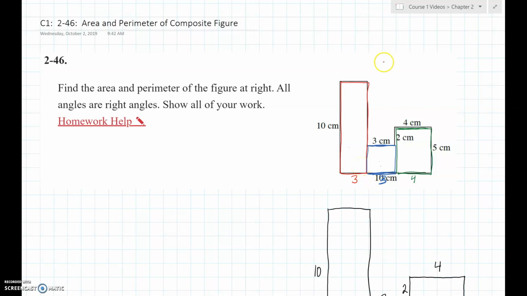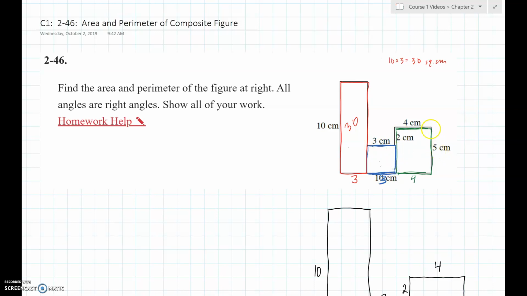So for the area, I know that I've got a 10 by 3, which is 30 square centimeters. So I'm going to just put that there to remind me that there's 30 square centimeters there. Now onto this blue rectangle, I know that that's 3, but I'm not really sure what this length is here.